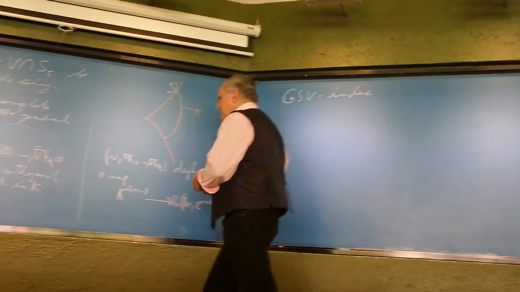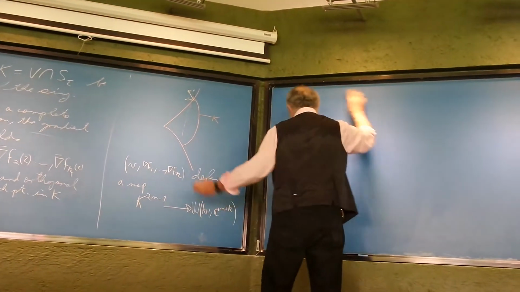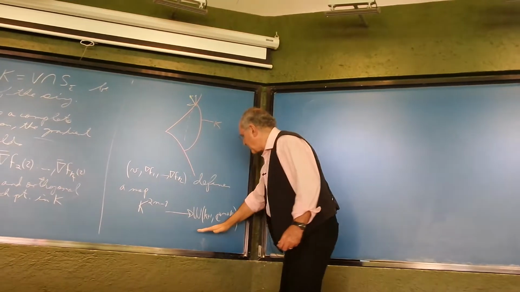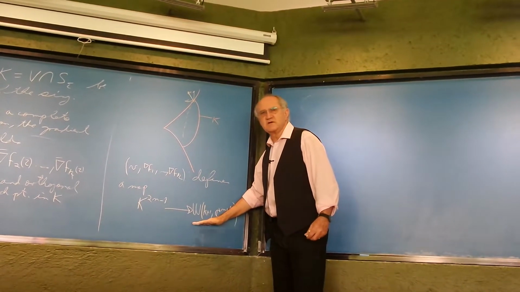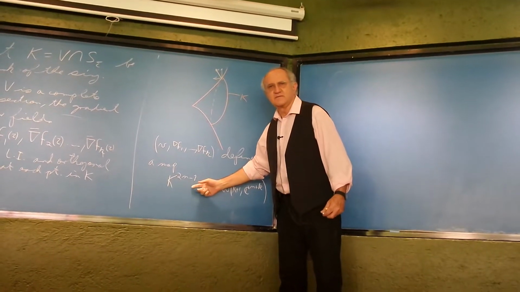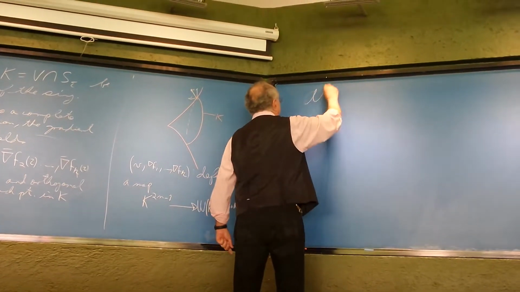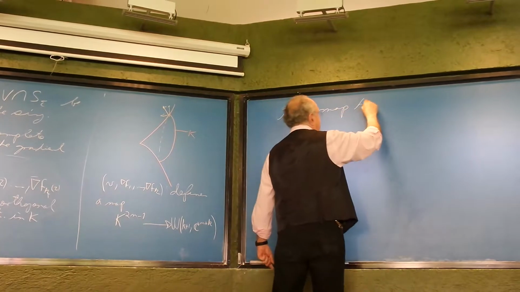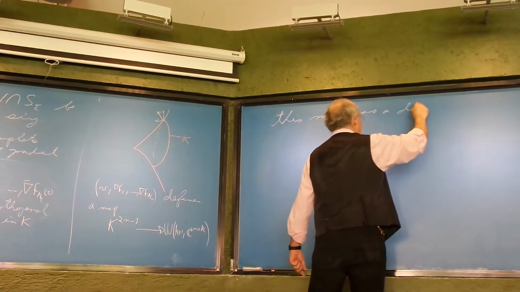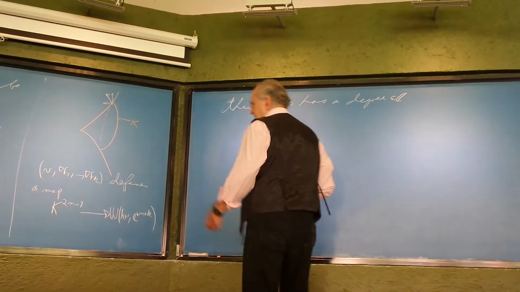Okay? And then, as I said yesterday, it is well known, easy to show, using well-known results, that all the homotopy groups of this variety vanish, and the first one which is non-zero is exactly in this dimension. So this map has a degree in Z, which can be defined in several ways.